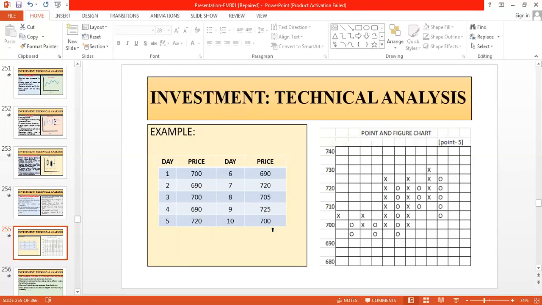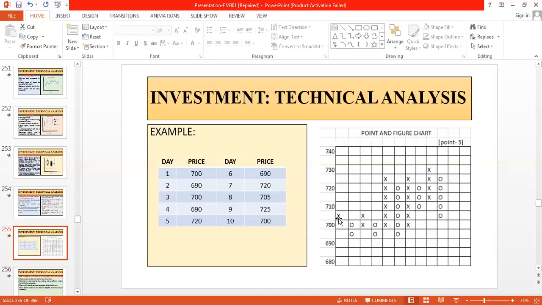First, our comparison will start on the basis of the price of day 1, so you have to show the price of day 1 first. The price of day 1 is indicated here by a cross. Just see this cross is above 700.